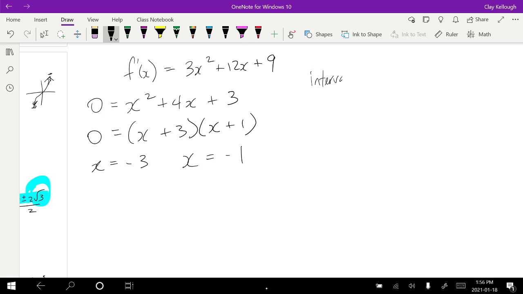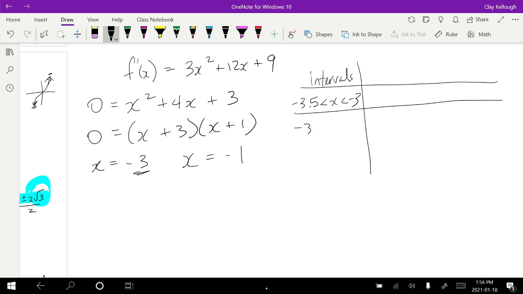So what are my intervals here? Well, my intervals go from -3.5, which remember is the smallest it can be, that's my domain restriction, and between that and -3, which was my critical value. And the next interval would be between -3 and -1, which is the next critical value. And then, of course, what happens when you're bigger than -1?